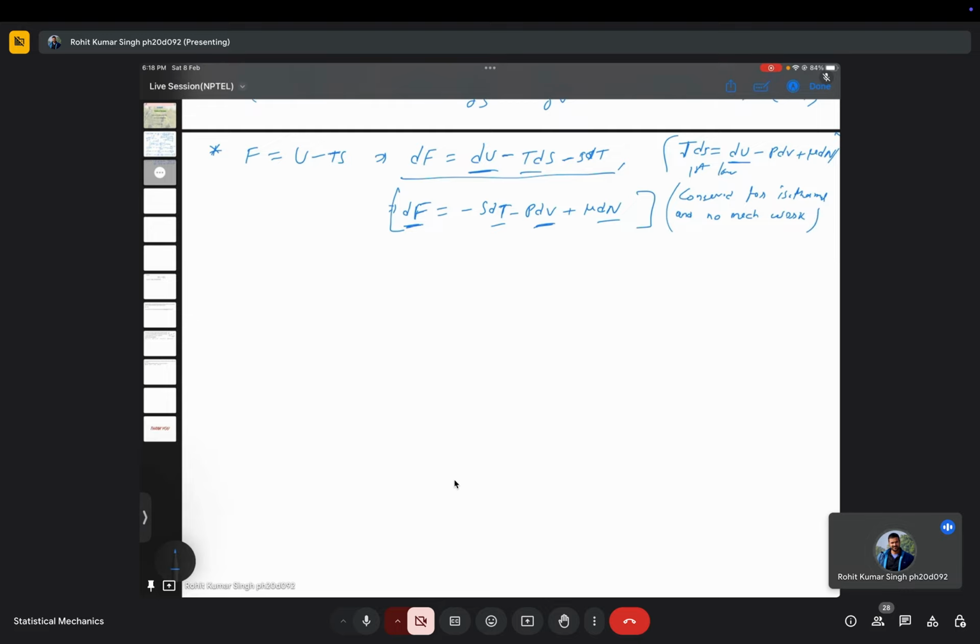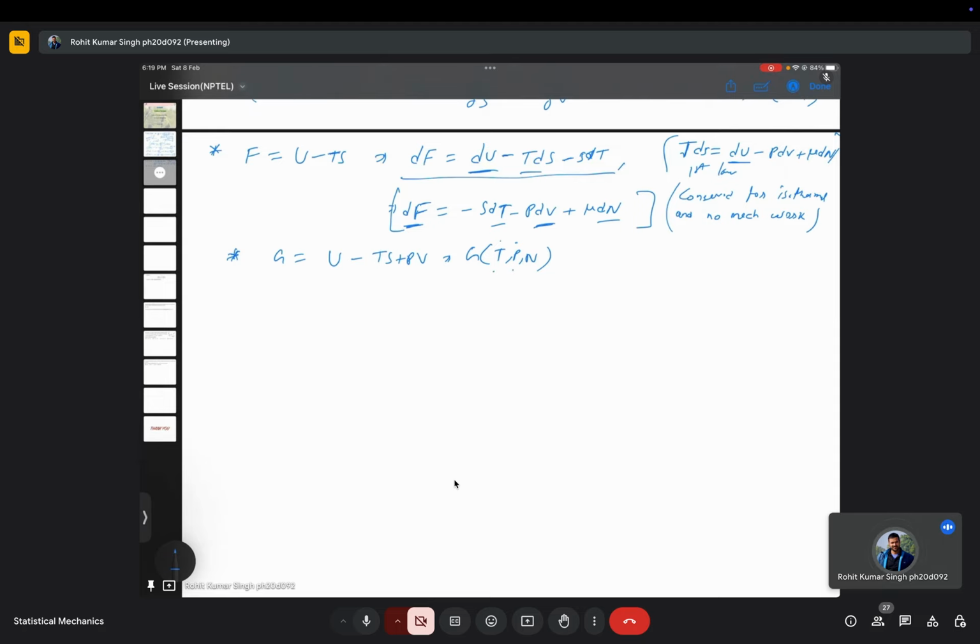Okay, and similarly you can find the expressions for others. So I'll just write them. These are done in the lectures, but I'll just write them out for you. So similarly, Gibbs energy is given by this formula, right? And Gibbs energy is a function of T, P, N. So remember, in the internal energy we changed S and V, and in place of S and V we got T and P, temperature and pressure, right?